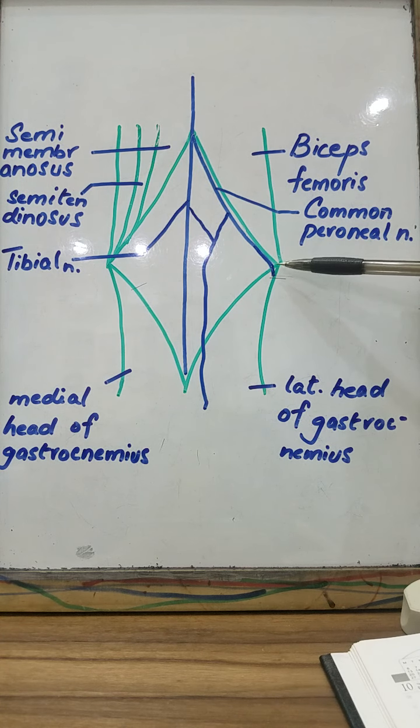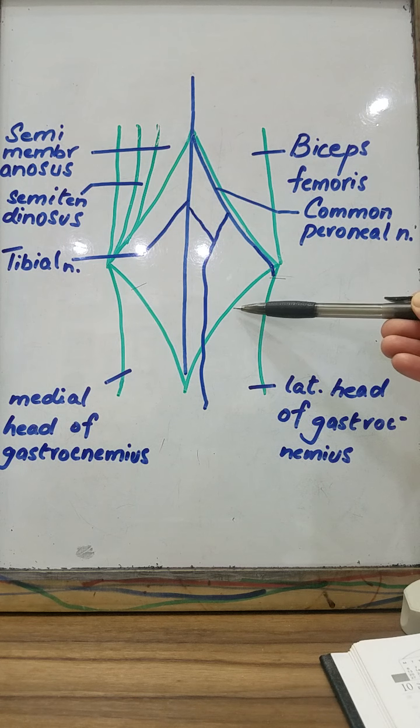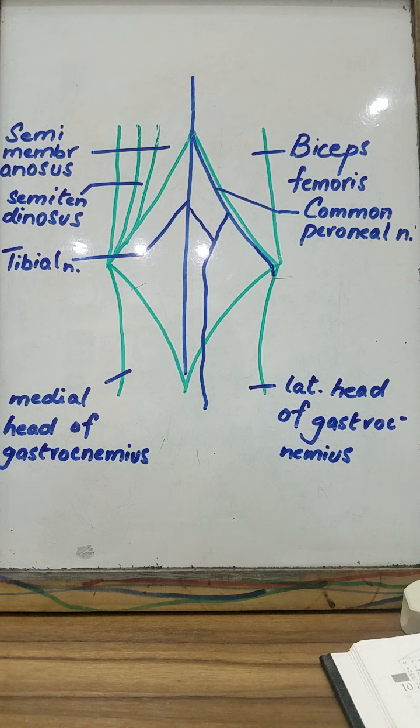And when it reaches here, this common peroneal nerve, it passes superficial to the lateral head of the gastrocnemius muscle. From here, it's going to wind around the neck of the fibula, which is the lateral bone of the leg. And after it winds around the neck of the fibula, it divides into its terminal branches.